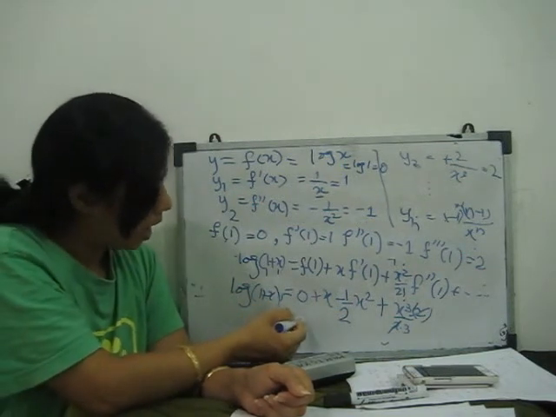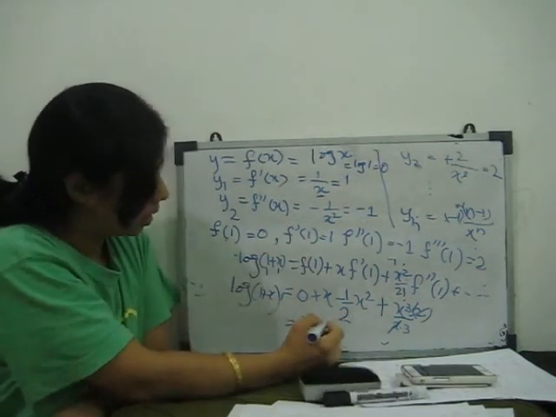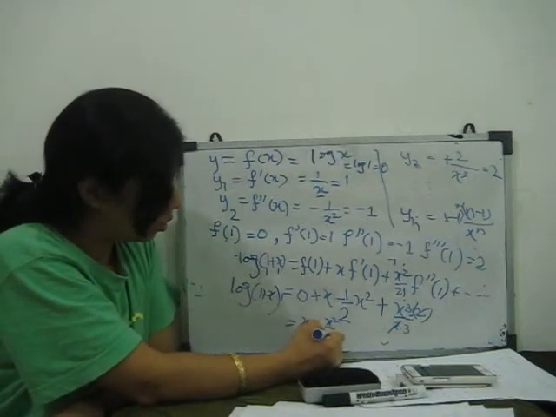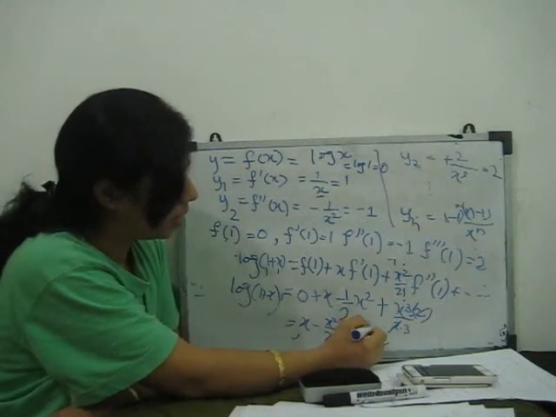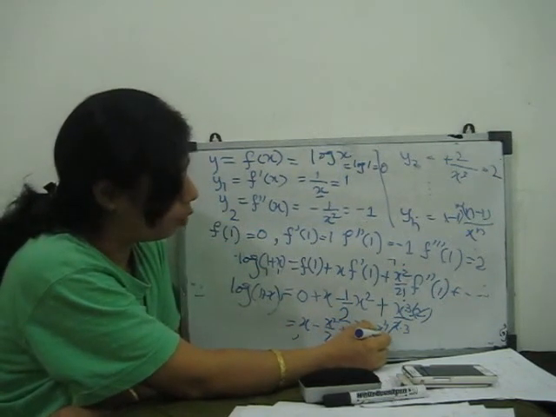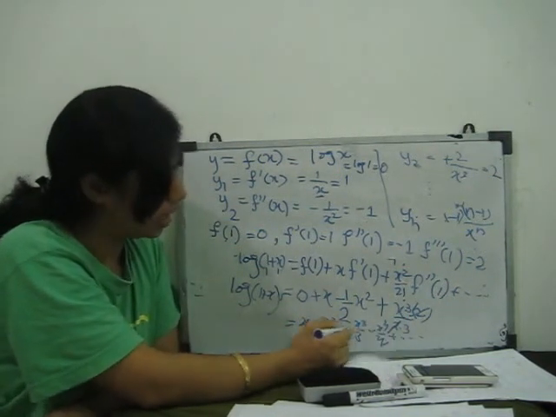It is x minus x square by 2 plus x cube by 3 minus x4 by 4, plus, with alternating plus and minus signs, and so on.